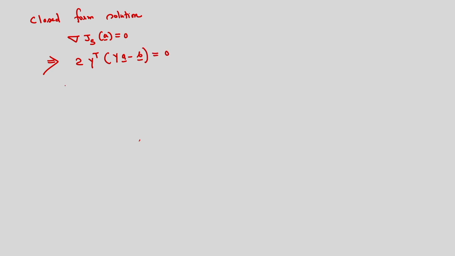So that is Y transpose Ya is equal to Y transpose b. Now how to determine this weight vector a? The weight vector a is nothing but (Y transpose Y) inverse Y transpose b. If you see, Y is a rectangular matrix of dimension n cross D. So I can say Y is a rectangular matrix.